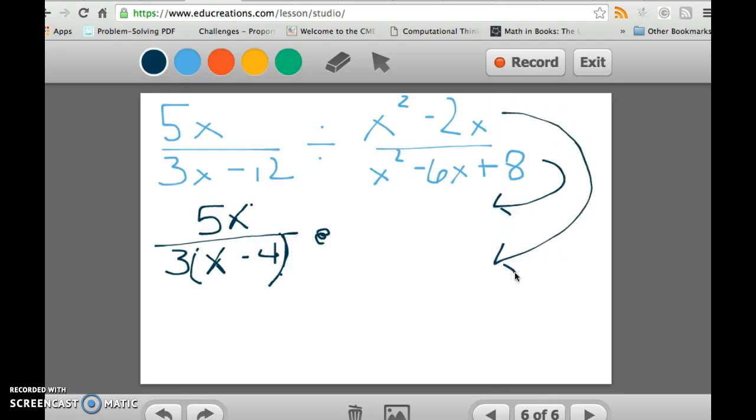So x squared minus 6x plus 8: what multiplies to 8 and adds to negative 6? Negative 4 and negative 2. And then x squared minus 2x, well, what term do they both have in them?